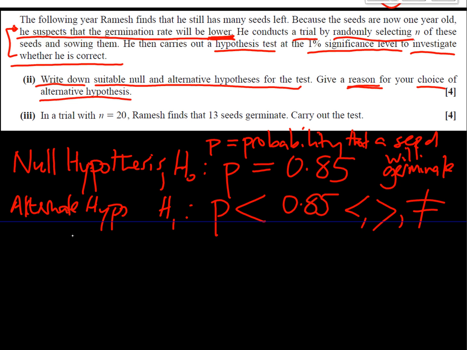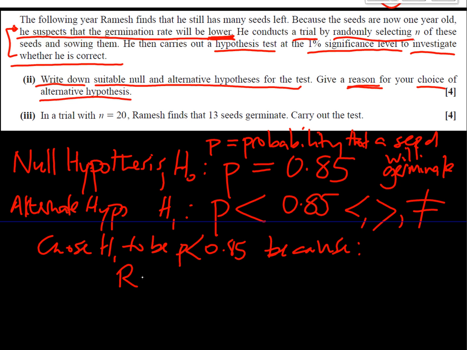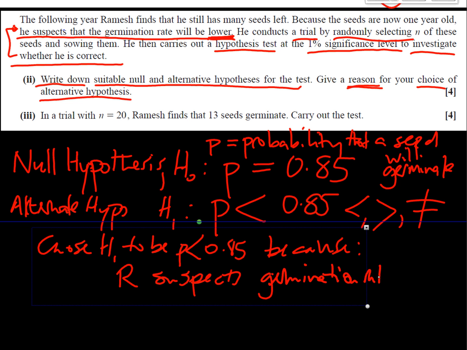Why are we doing that? Because we've chosen H1 to be P less than 0.85 because Ramesh suspects that the germination rate is lower, therefore it's reduced, so it's less than, and he also thinks it's lower than normal, and the normal was 0.85.